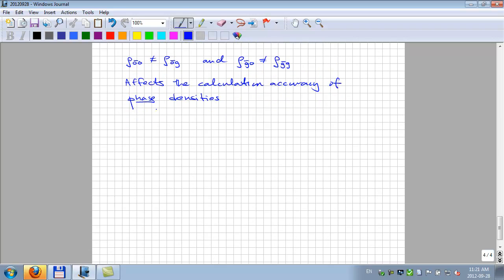Well, so the question is how we get these phase densities. So we're going to come back to this once we finish talking about the second type of volume fraction. But let's just put a note in this that we're going to end up with phase density errors that will cause potential problems in our modeling.